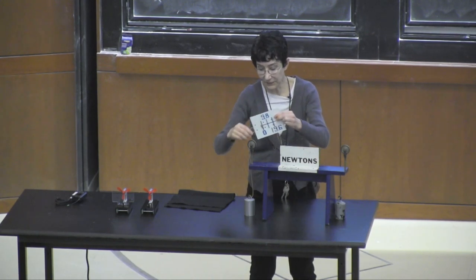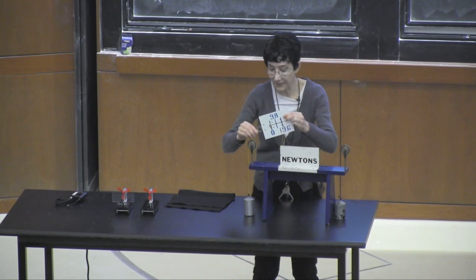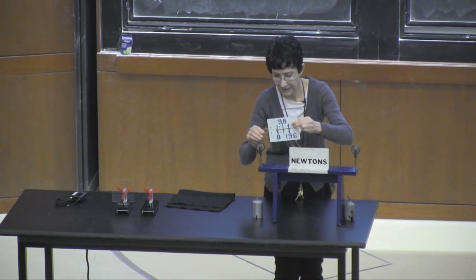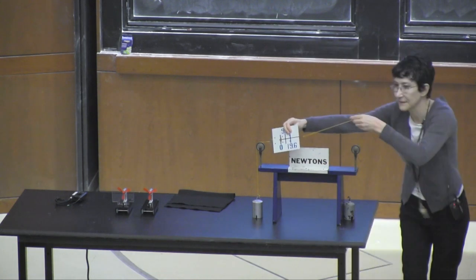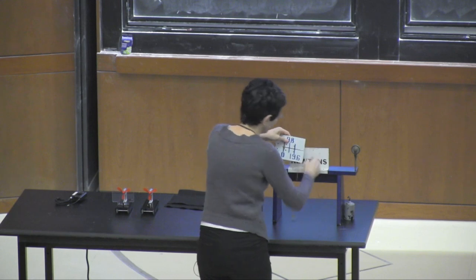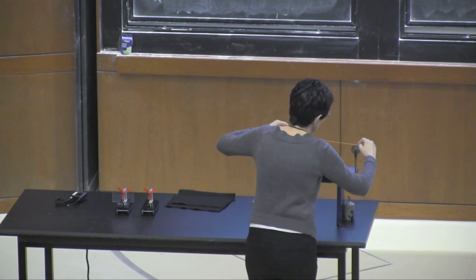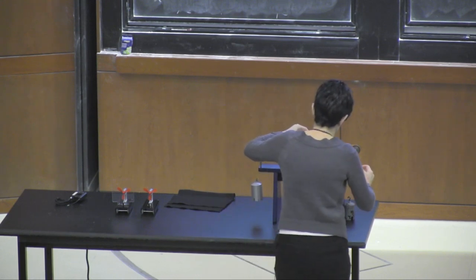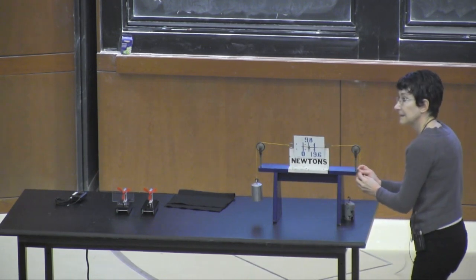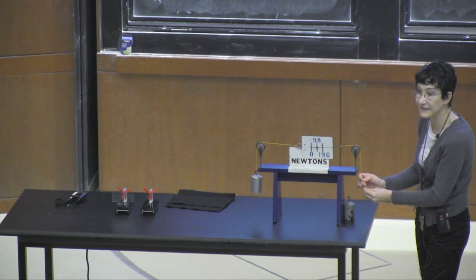So now what I will do is hang from it this weight. I cannot do it without my right hand, so I will have to do it this way. So I hang it, pass it through here. Now you can see that it indicates the weight.